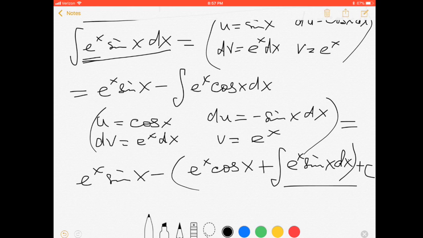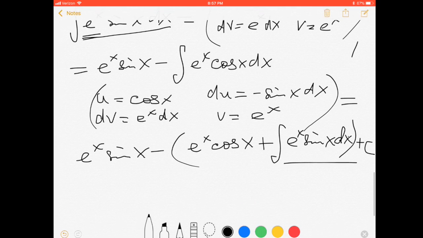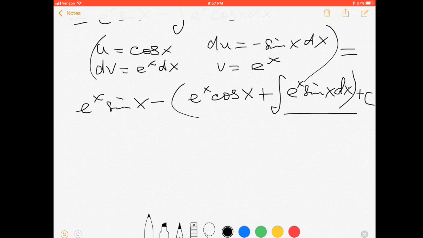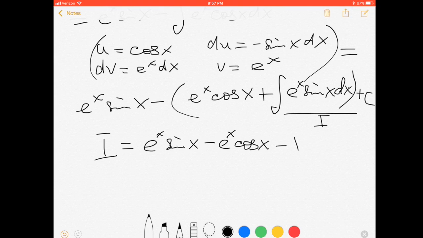Great. This means if we try to build an equation, if we put in here I, this means our I equals e to the x sine x minus e to the x cosine x minus I plus c.